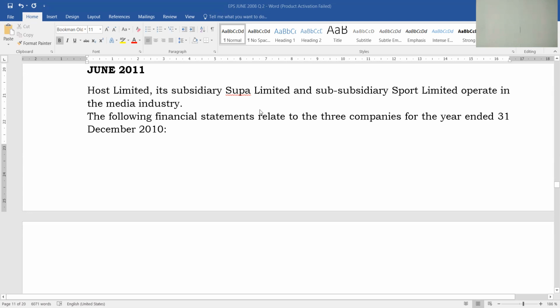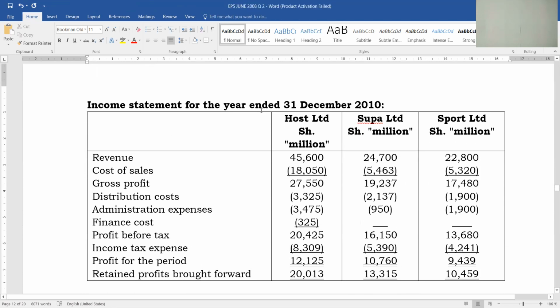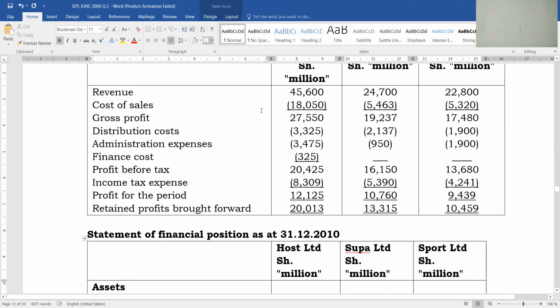Here we are told it's just Host Limited and its subsidiary Super and the sub-subsidiary Sport, which is in the media industry. The examiner provides an income statement for the three entities, the parent, the subsidiary, and the sub-subsidiary. The data is provided, so you don't have time to read it again.